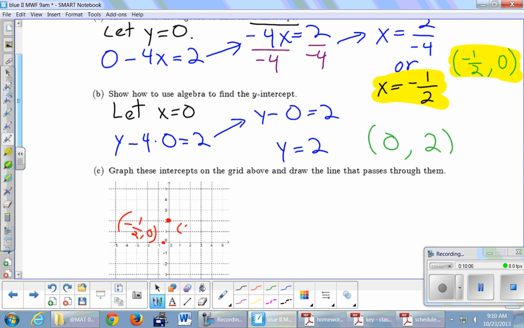We've got our 2 points on the graph. And we're just drawing the line that connects the dots, right? So that's the graph. Any question on graphing? Plot the two intercepts and then connect the dots with a straight line.